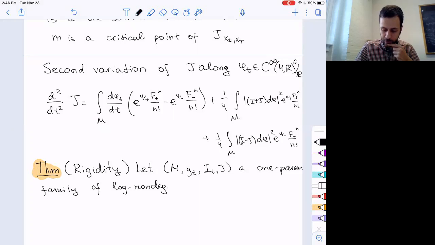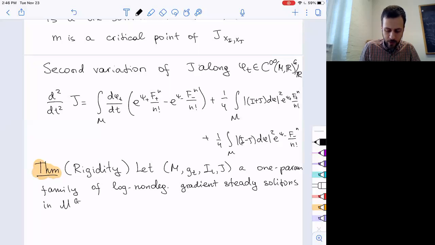So if you have a one-parameter family of log non-degenerate gradient steady solitons lying in the fixed class in MG.